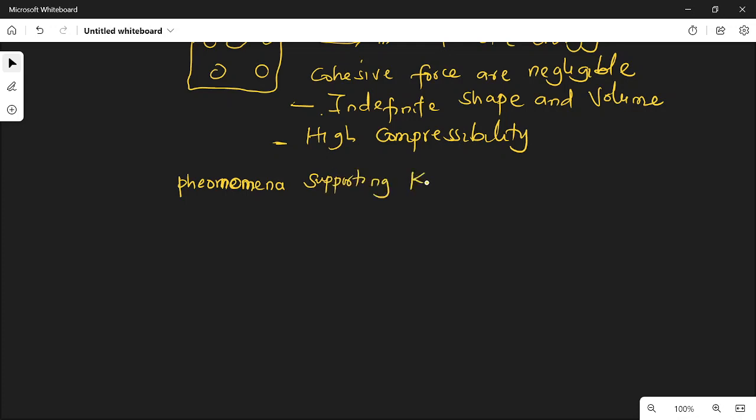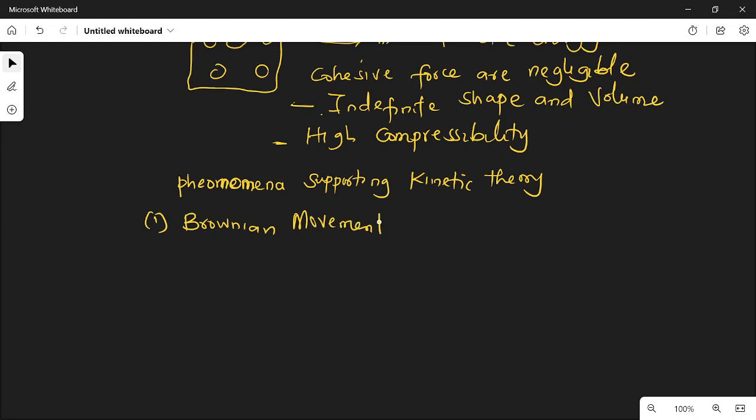There are some phenomena supporting the kinetic theory. We have the Brownian motion, or Brownian movement.